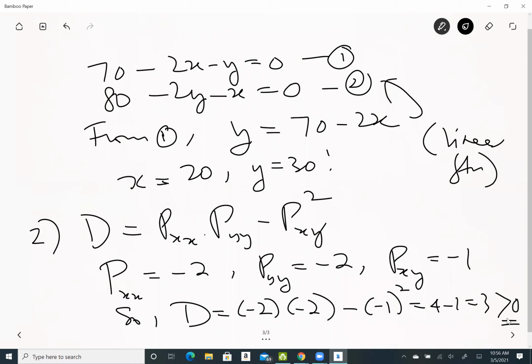All right. And then to find the maximum profit, substitute x equal to 20, y equal to 30 into P. So you will get the profit. Now, get the profit. Make sure you put in the units.